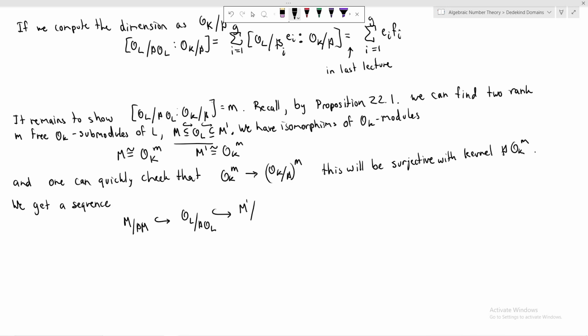And again, this is injecting into M prime mod P M prime.